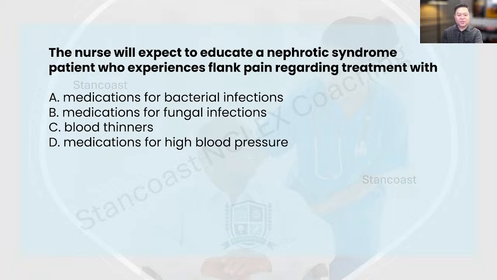The nurse will expect to educate a nephrotic syndrome patient who experiences flank pain regarding treatment with: A, medications for bacterial infections, B, medications for fungal infections, C, blood thinners, or D, medications for high blood pressure?